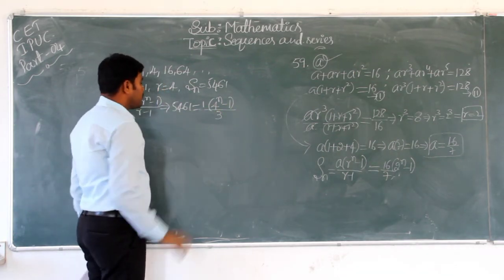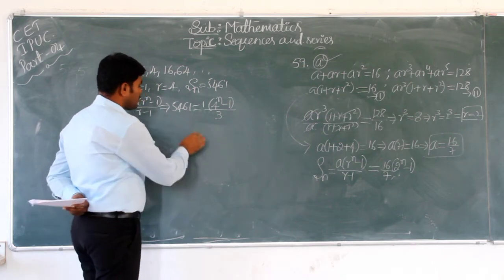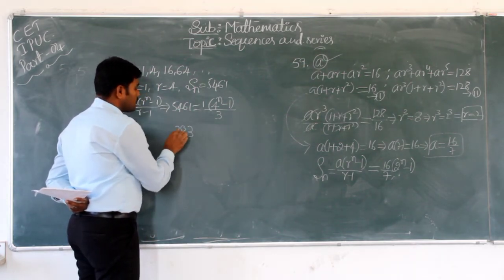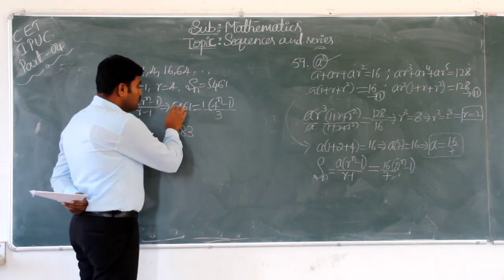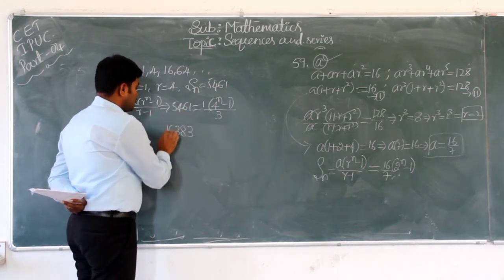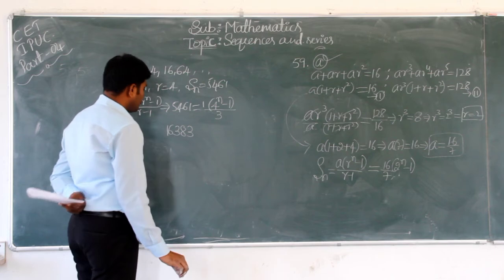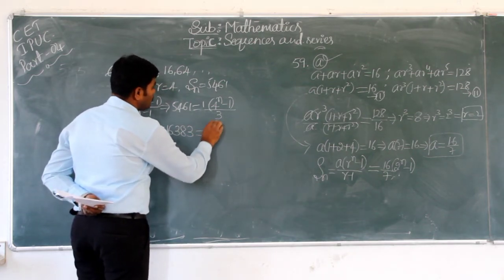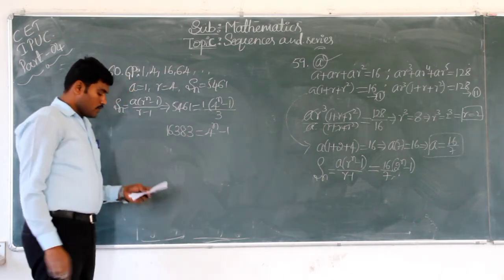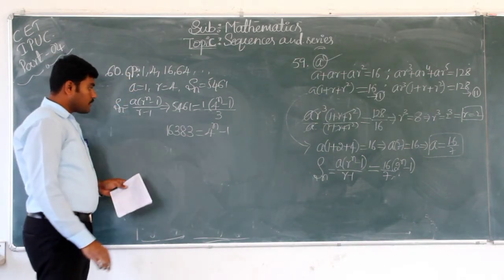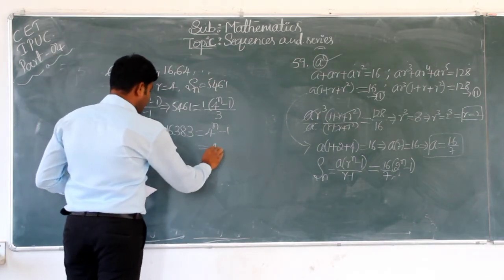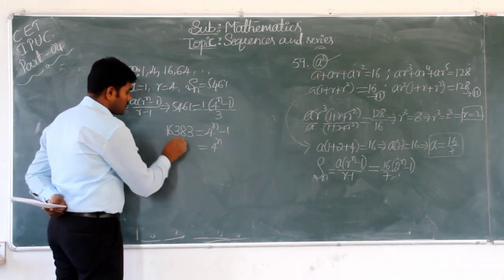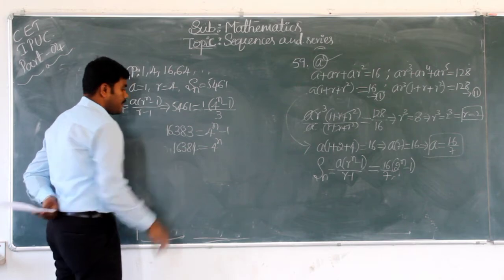A simple cross multiplication will give 16,383 is equal to 4 to the power of n minus 1. Again I am shifting the minus 1 to the left side, it becomes plus 1, 16,384.